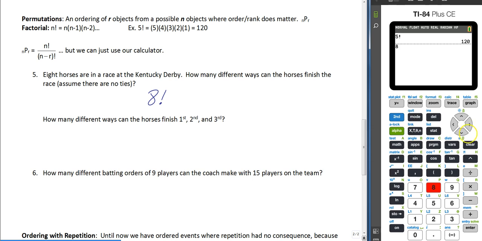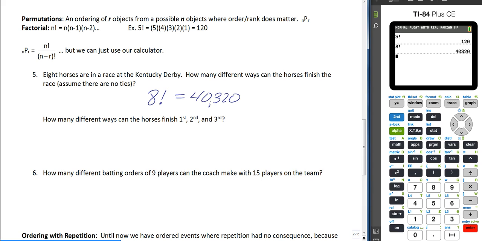So that would give us 8, and then remember, it's math, slide over to probability, number 4 is your factorial, click enter, and you have 40,320 different ways to have these horses come in.